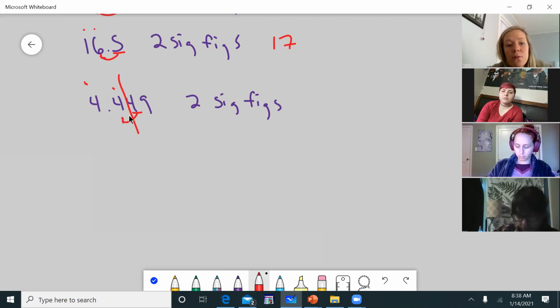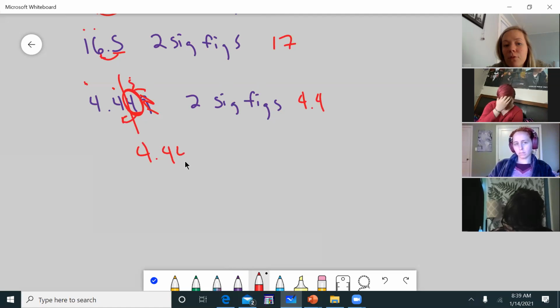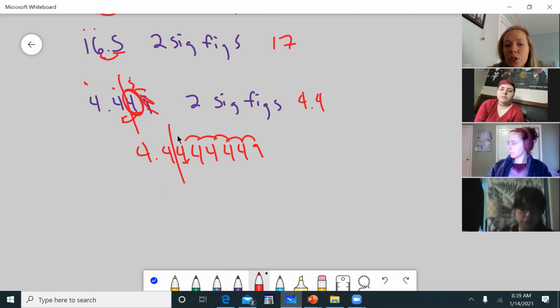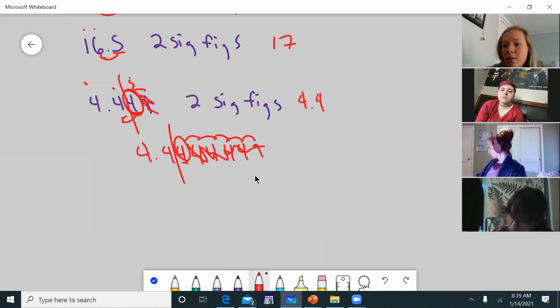This 4 tells this 4 to stay. So this would be 4.4. What I have had happen before is students will say, oh, well, doesn't the 9 tell the 4 to round to a 5? And then the 5 tells the 4 to round to a 5. You only use the first number that's getting dropped. Everything else gets ignored. Because what if you had a number like 4.444449 and you just wanted 2 sig figs? Do I have to go through this process of hopping all the way down the line? No, we just use the 4. We ignore everything else.